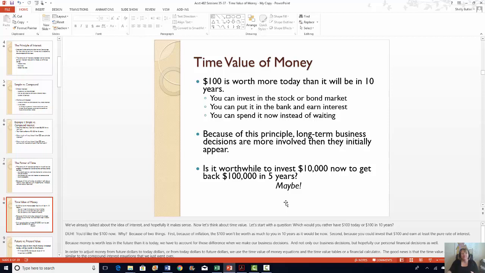No, they need to figure out what is the best way to finance that and if they can even do it. Is it cost effective to even do it? And that's what we'll be looking at in this class. So now, is it worthwhile to invest $10,000 now to get back $100,000 in 5 years? Maybe, because it depends on the decision that we're going to be making, right?